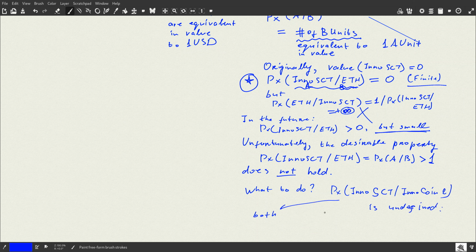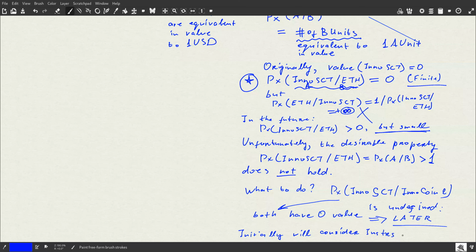Both have zero value. So postpone that. Do it later. So for the moment, initially, we'll consider instruments which are coin N over Ethereum. This allows us to do at least something.